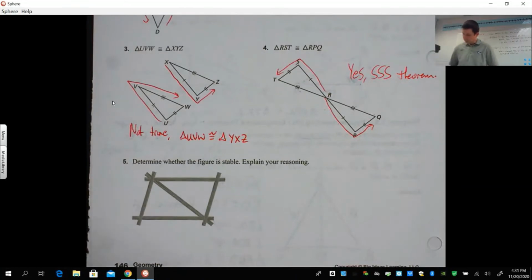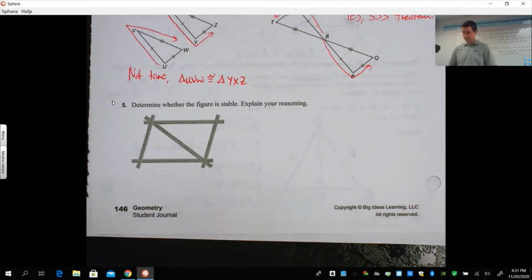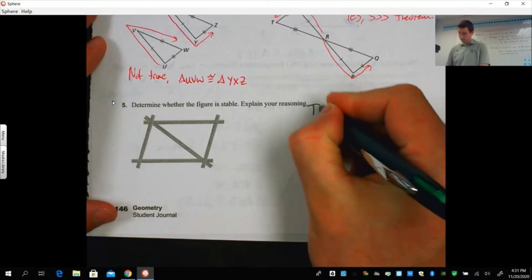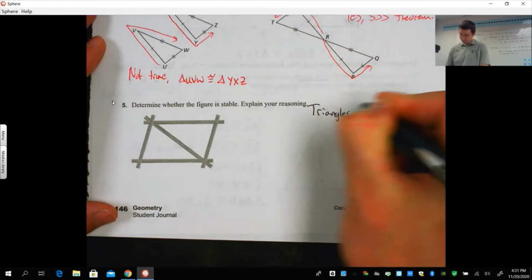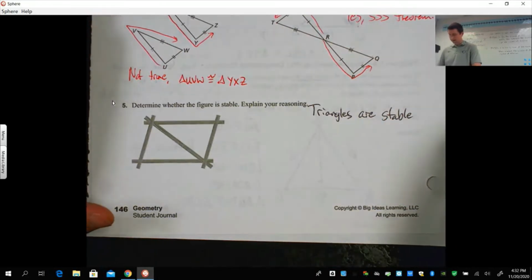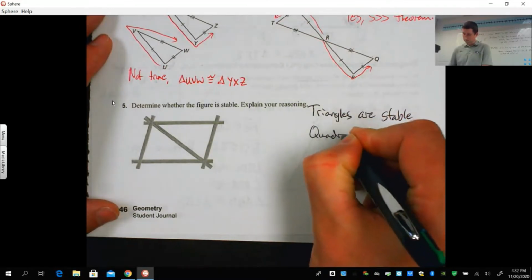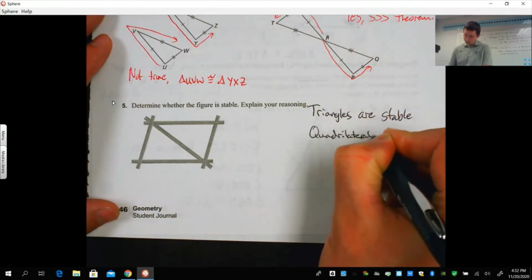Okay, we're going into this next one: determine whether the figure is stable. Explain your reasoning. Okay, triangles are stable. If you're thinking about building something, anything that has a stand, any sort of foundation, triangles are stable. Quadrilaterals are not.